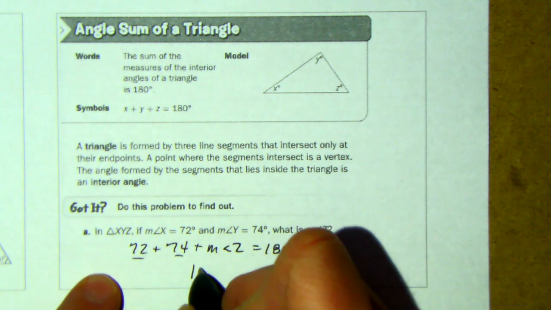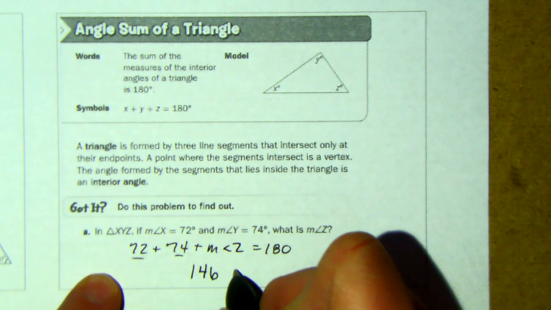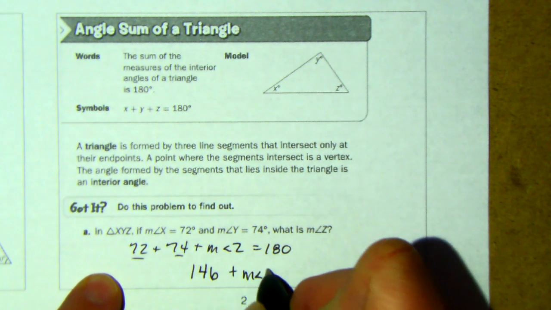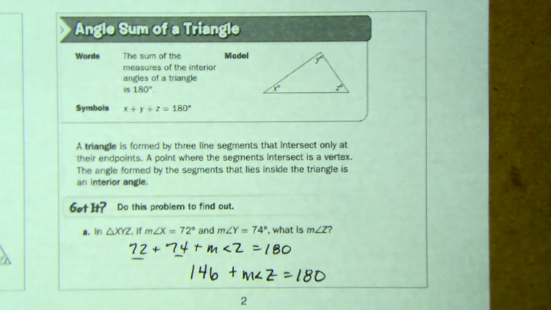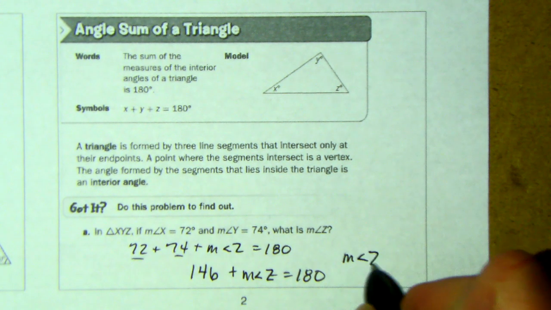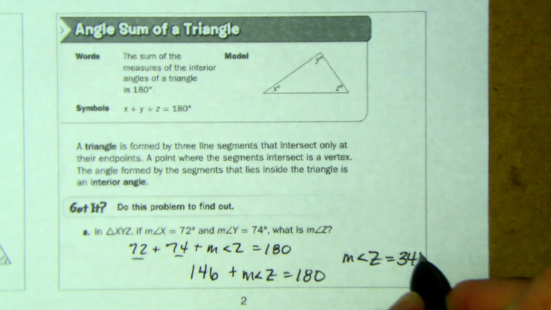So that would be 146 plus the measure of angle Z equals 180. The reason I do that is because some people will take 180 and they'll subtract 74 and they'll subtract 72. And you can do that. But I tend to just add them up in my head. For me, in my head, it goes faster. If I add them, go 146, and then it's 34. So the measure of angle Z is 34 degrees.